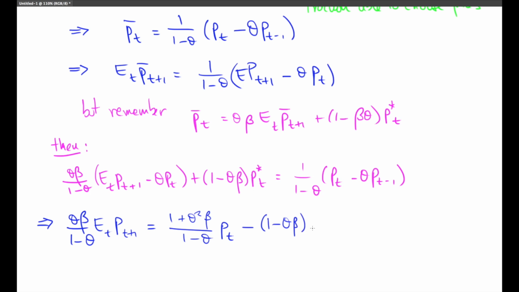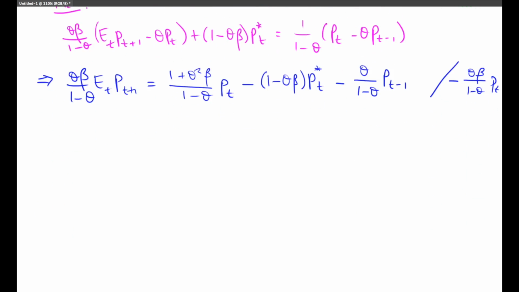Basically what we're doing here is leaving in the left hand side the expected price level, and we're going to do some arithmetic here, subtracting this element in the left hand side and also in the right hand side.